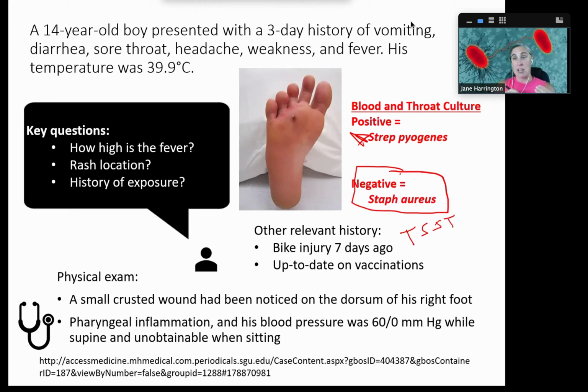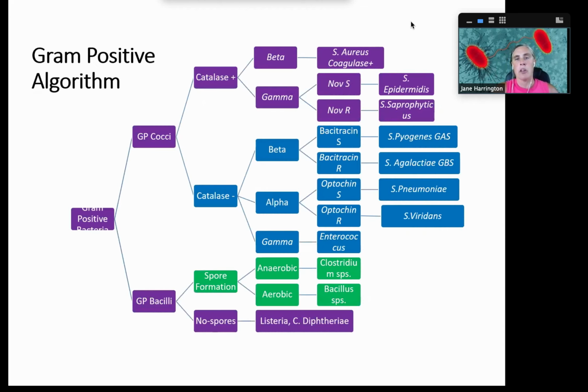But in this particular case, this is a Staph aureus case, and the blood culture and the throat culture are negative. The bacteria is here, and it's releasing an exotoxin that is a superantigen. So that's one way to tell the difference. Always, we would have to give you more lab tests to differentiate between these two.